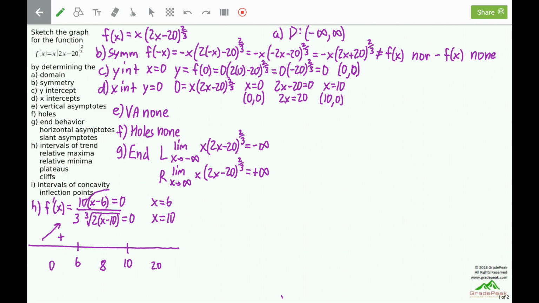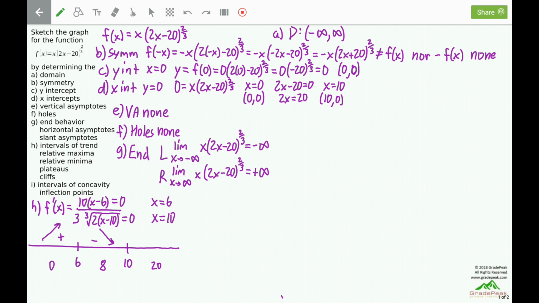Plugging in the test value of 8 into the portion of the first derivative that matters, 8 minus 6 is a positive, over 8 minus 10 is a negative, times 2 is still a negative, and the cube root of a negative is a negative. We have a positive over a negative, which is a negative first derivative, which corresponds to a decreasing trend.